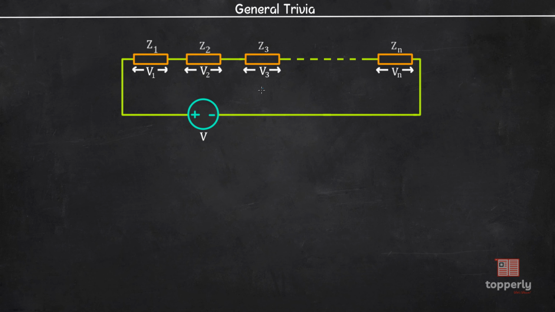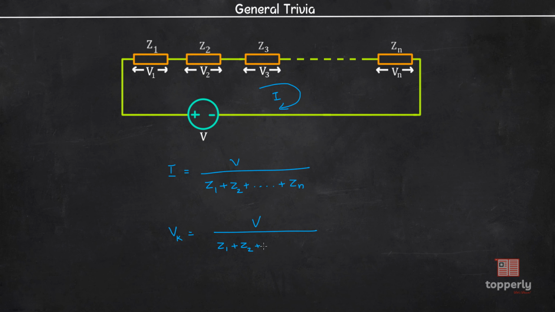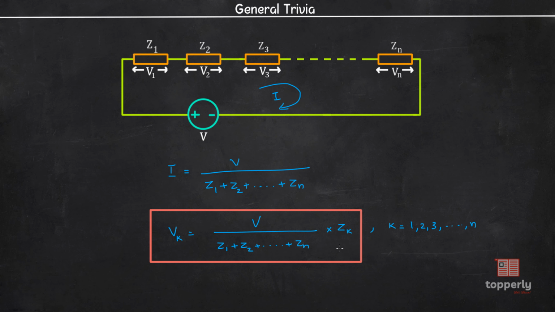In this case also, just like we learned, the current I is given by V by Z1 plus Z2 plus etc. plus Zn, and the voltage across the kth element is given by Vk equal to V by Z1 plus Z2 plus etc. plus Zn into Zk, where k is equal to 1, 2, 3, etc. to n. So this is the generalized voltage division rule for finding voltage across any element in a series circuit.